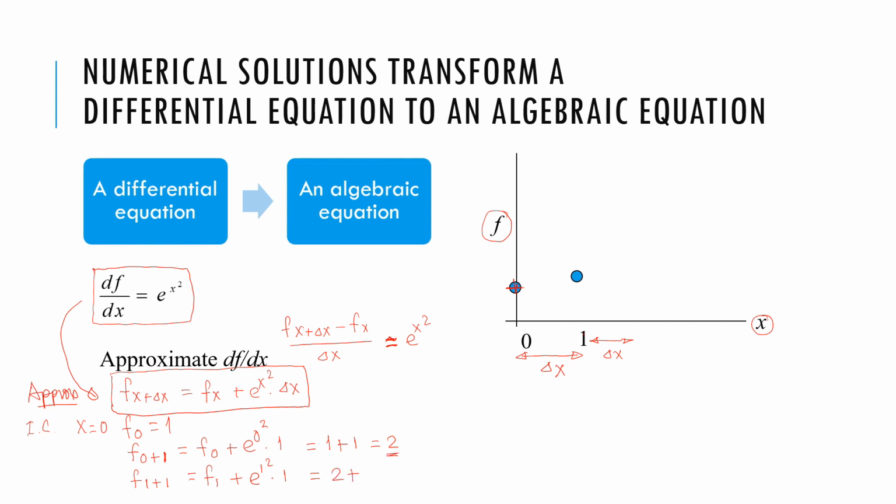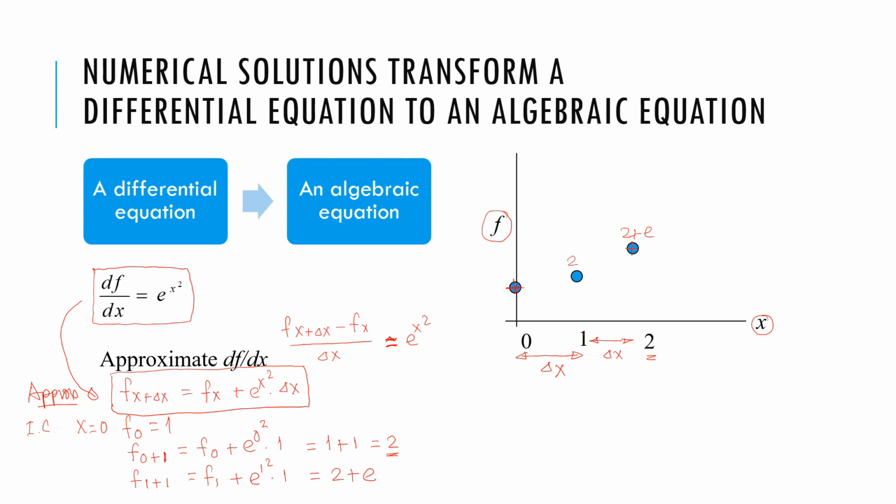So it's 2 plus e. Okay, so we see the value for the next point. This is supposed to be 2 plus e, and this one is supposed to be 2.